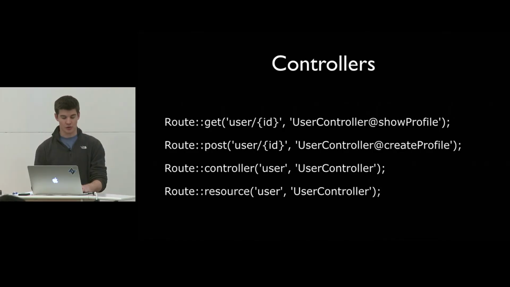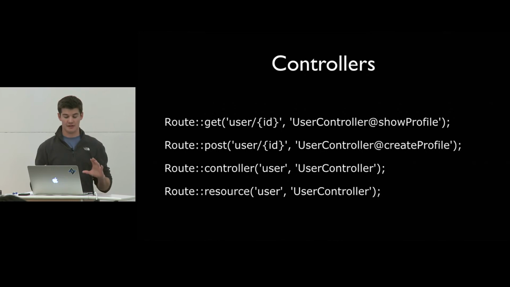So the other options with controllers are to specify not just get or post, but you can also specify controller, so in this case, the example is route controller user hits user controller.